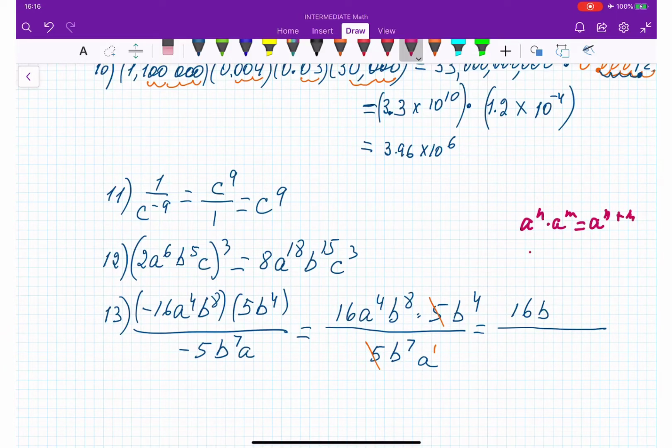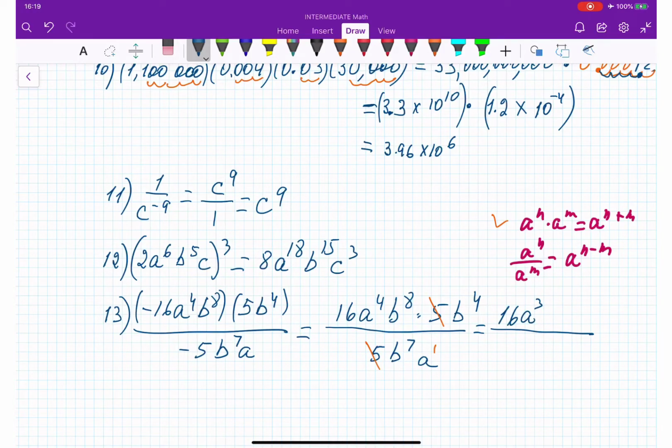If I have a to n divided by a to m, that is equal to a to power n minus m. So 16 stays the same. a to power 4 divided by a to power 1, it's going to be a to power 3.